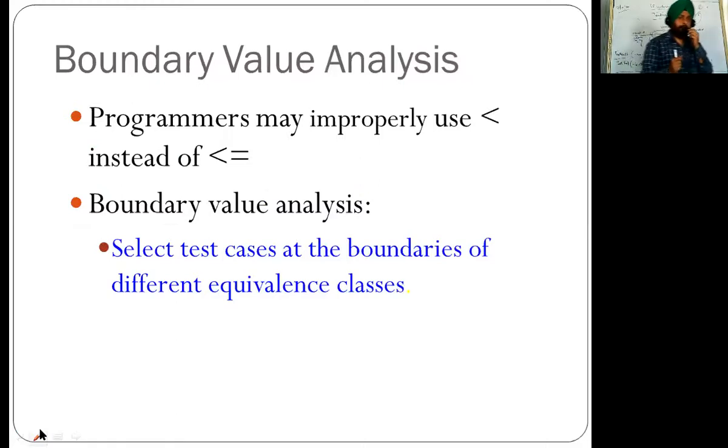Programmers may improperly use less than instead of less than or equal to in boundary value cases. So these are the main problems: less than and less than or equal to, greater than and greater than or equal to. The most common chance during coding is that instead of putting the less than symbol, we put the less than or equal to symbol. Clear?